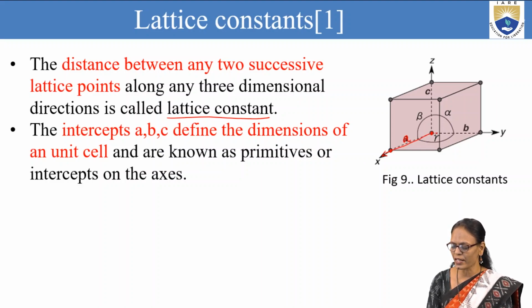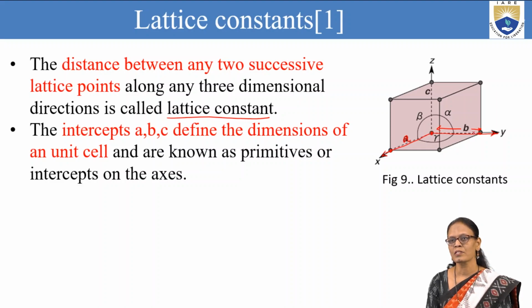And now when we take the y-axis, this is the distance. B is the distance between two successive atoms along the y-axis. So we call it B. B is a lattice constant. And along the z-axis, C is the distance between the two atoms.